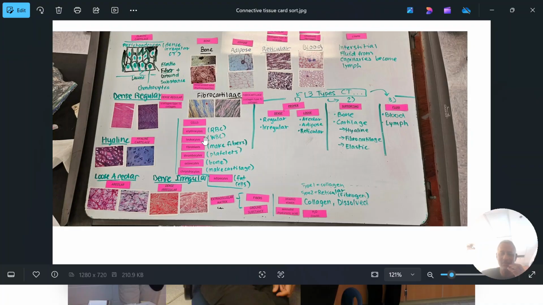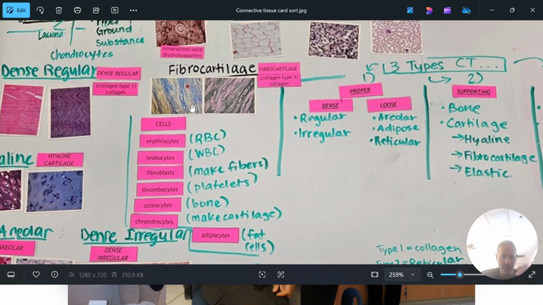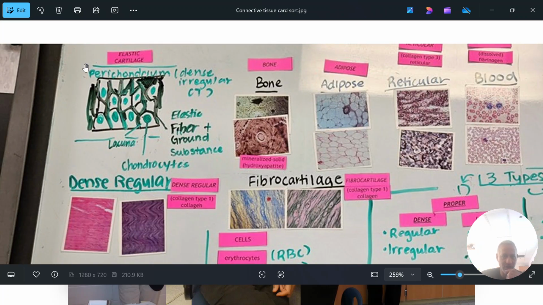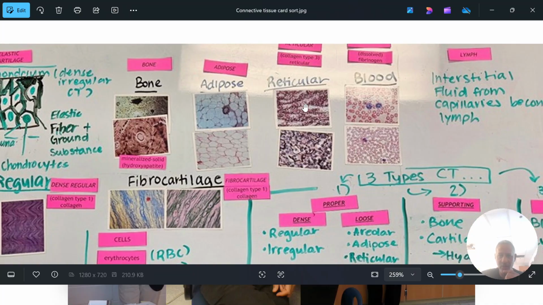Let's make some understanding out of what could look chaotic until you realize that they are really put in some order. Here we've got elastic cartilage, bone, adipose, reticular, blood, lymph. All 11 types of connective tissue are listed with a picture that goes with each, and then the labels were added in.